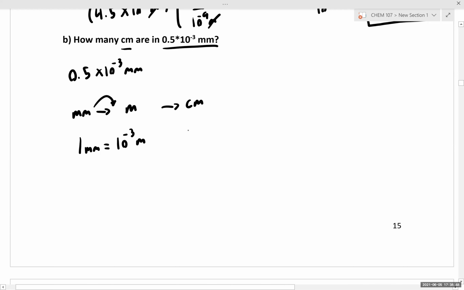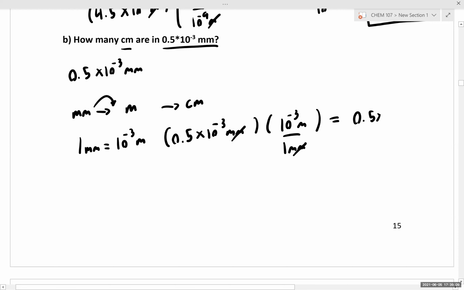So when we're designing our unit conversion factor, if we want to go from millimeters to meters, we're going to put the units of meters on top of our conversion factor. So we have 10 to the negative 3rd meter per millimeter. That gives us 0.5 times 10 to the negative 6th meter.